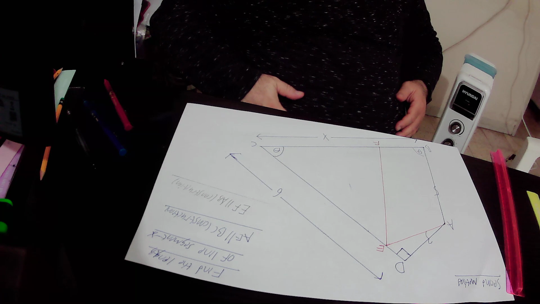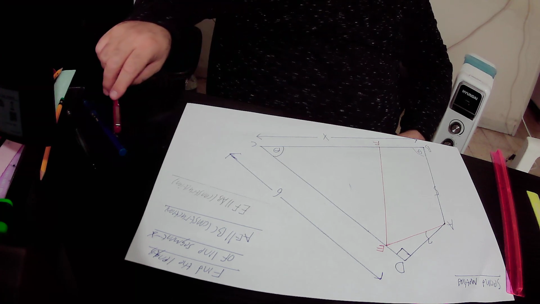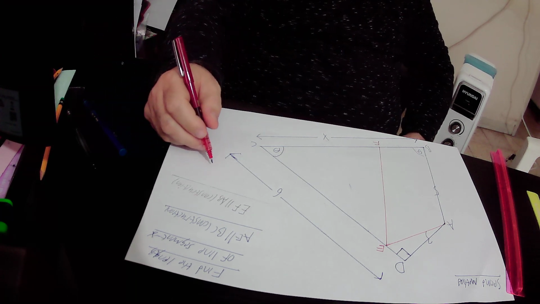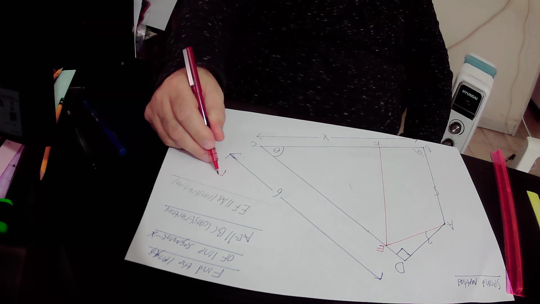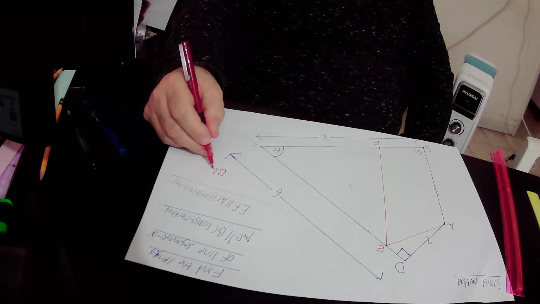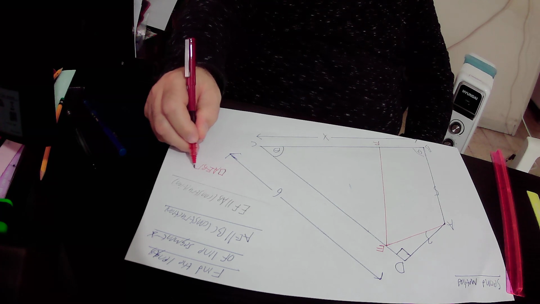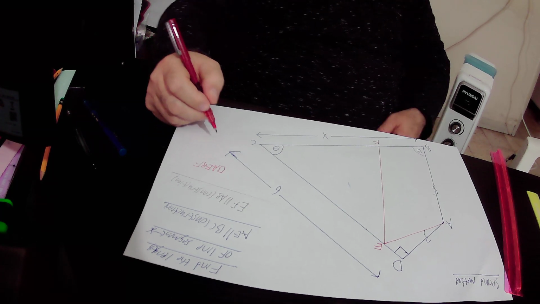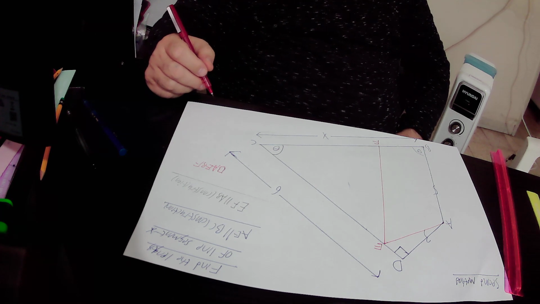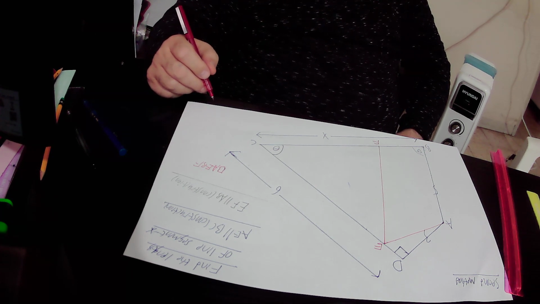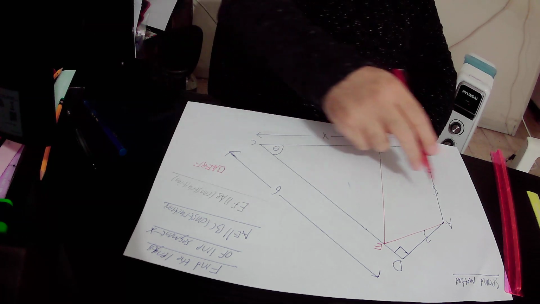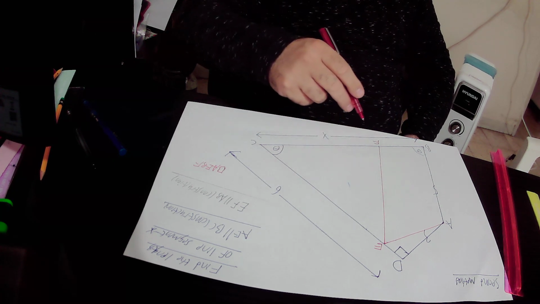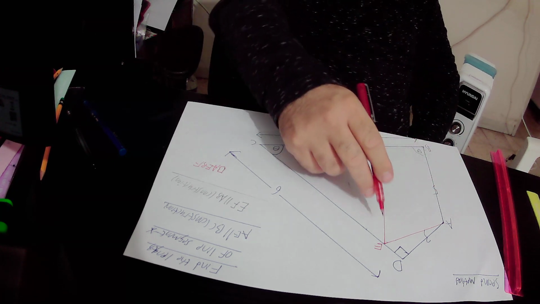So actually, quadrilateral AEBF has two couples of sides that are parallel to each other. That is to say, AE is parallel to BF and AB is parallel to EF.